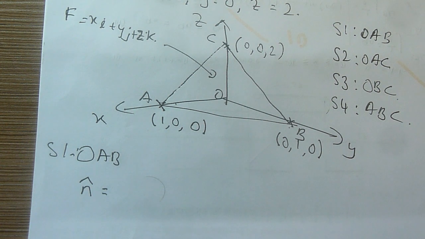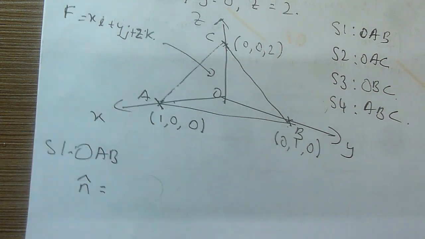By this normal surface calculation is different from the normal unit that we learn in the vector. Remember, this is a surface integral. We are trying to find out the surface integral normal to the surface.